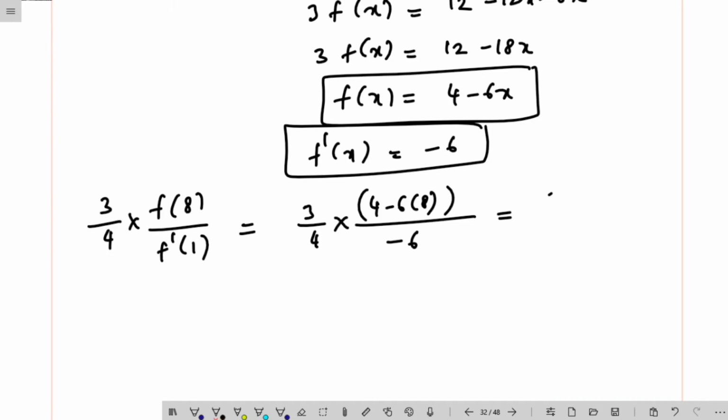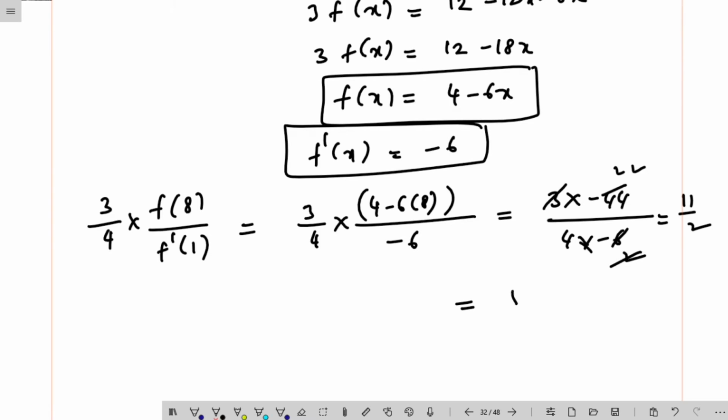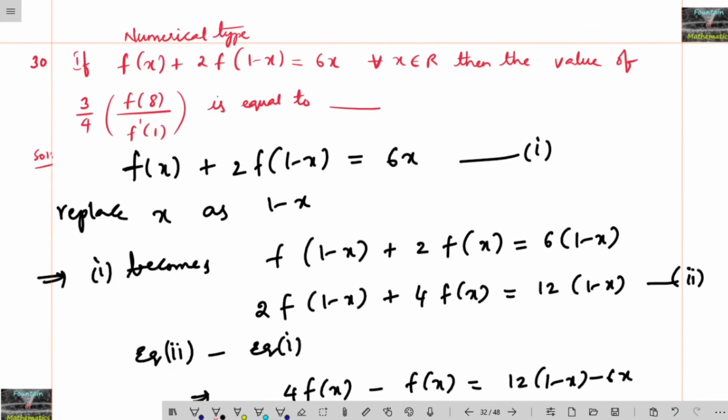So we can write this as 3 into 4 minus 6 into 8, that is minus 44, divided by 4 into minus 6, and after simplifying you can get 11 upon 2. So 11 upon 2 is nothing but 5.5. So your answer for this question is 5.5. Next problem.